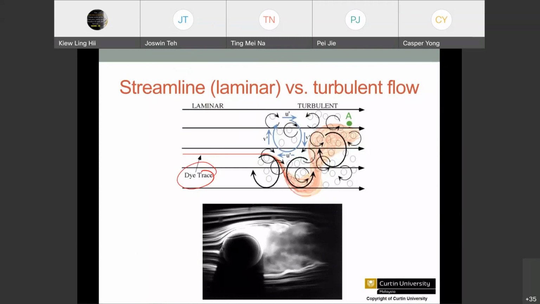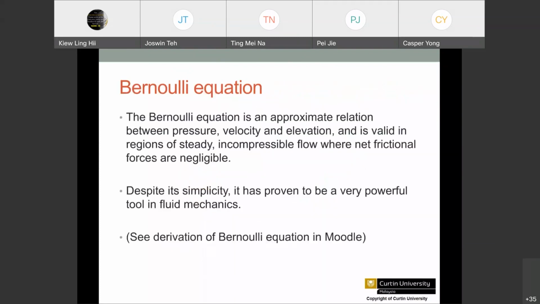So another principle that is related to moving fluids is the Bernoulli principle. This Bernoulli principle is very powerful. It is also being used now in the industry. It's all based on the Bernoulli principle. It also applies to conservation of energy.